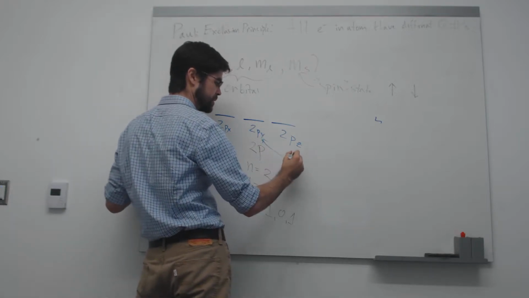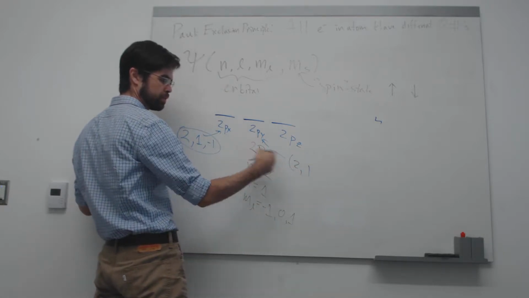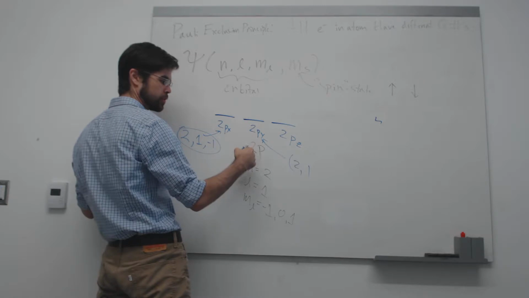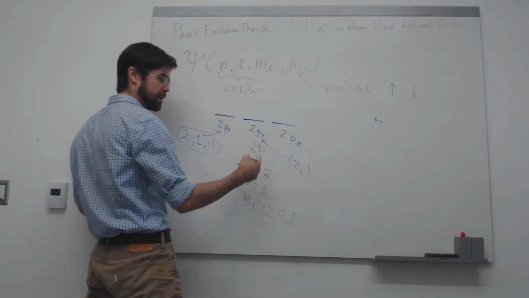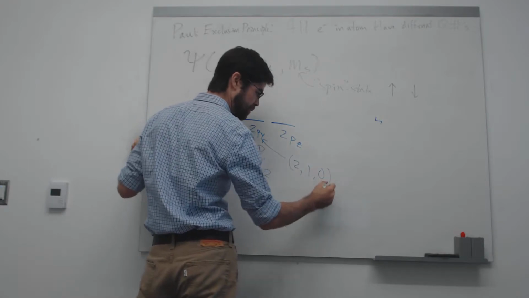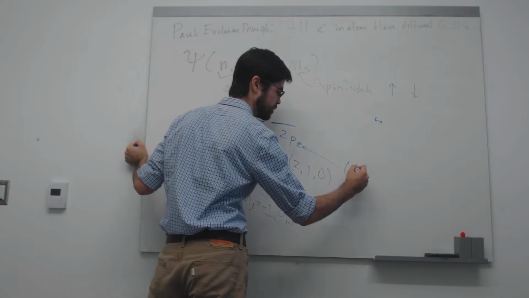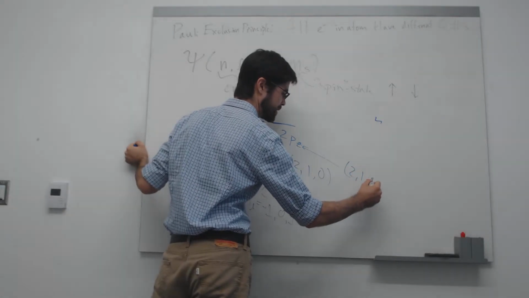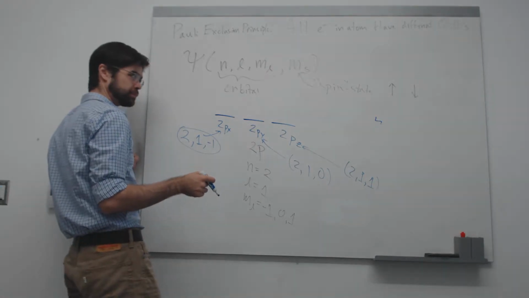This one has 2, 1 again because it's a 2p orbital, so the 2 refers to the n equals 2, the 1 refers to the fact that it's in a p orbital, and then it can have 0 for its magnetic quantum number. And then this one can be 2, 1, +1. So that would be the third orbital.